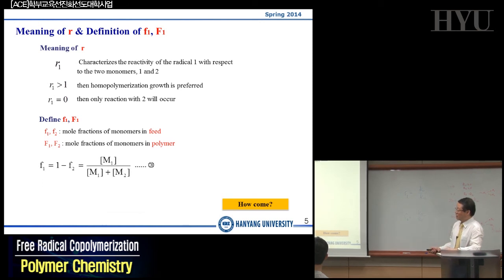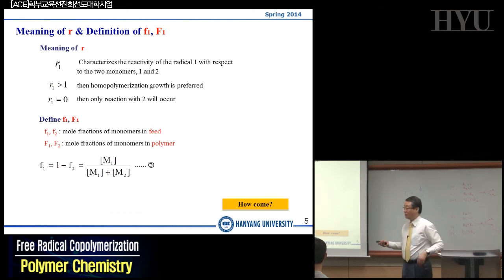Therefore, small f1 is equal to 1 minus f2, and it is defined as the monomer concentration of 1 divided by the monomer concentration of 1 plus the monomer concentration of 2 in the denominator.